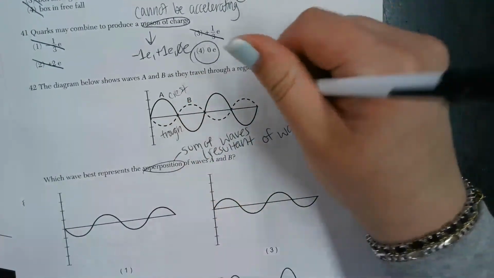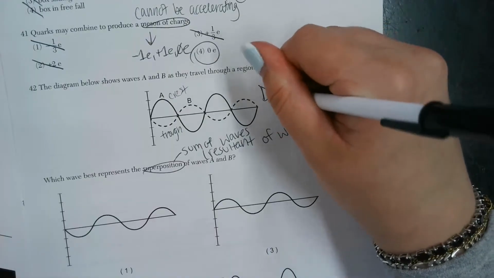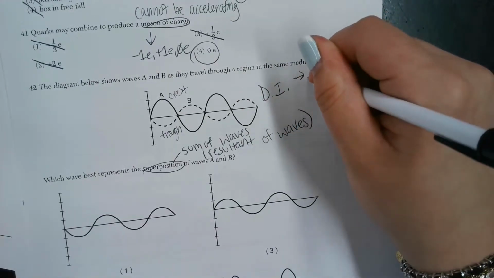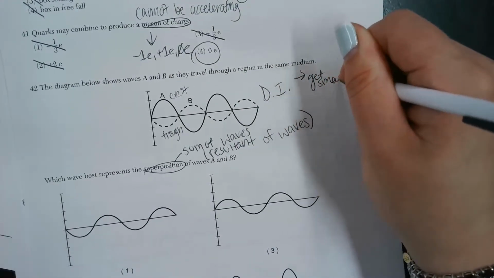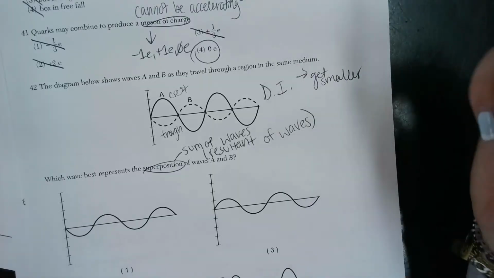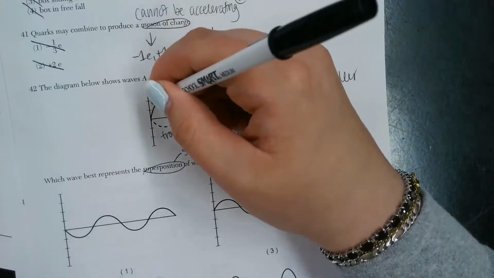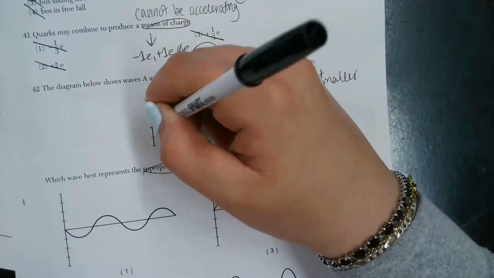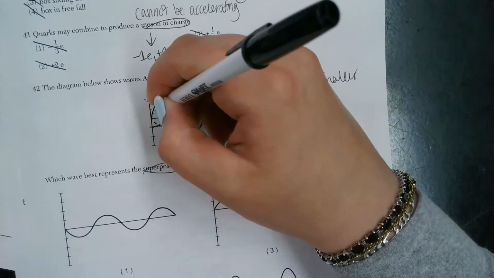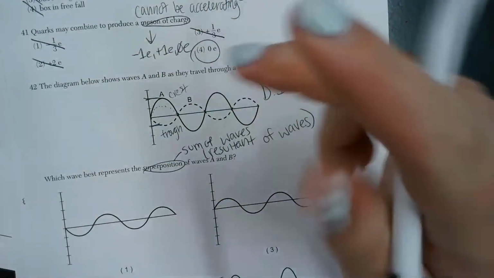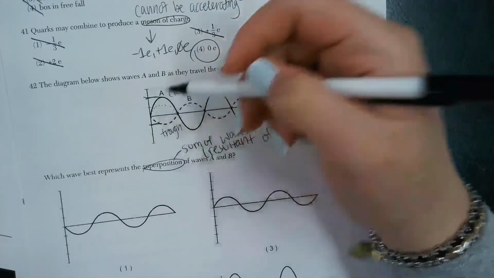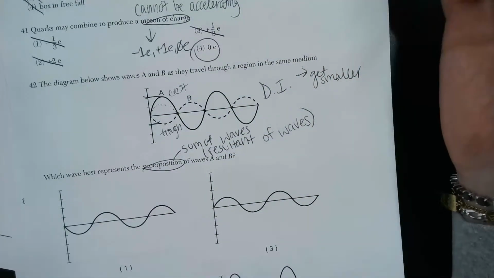So that means they're undergoing destructive interference, which means it should get smaller, right? Because they're not the same thing. So that means that the sum is going to decrease a little bit. So A is at 2, B is at 1. So that means the new one will be only at 1 unit of amplitude.